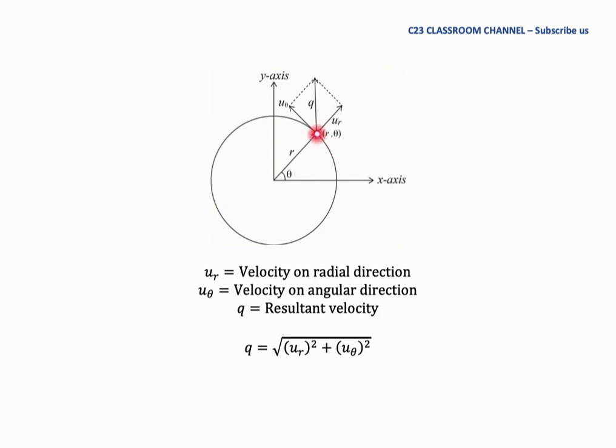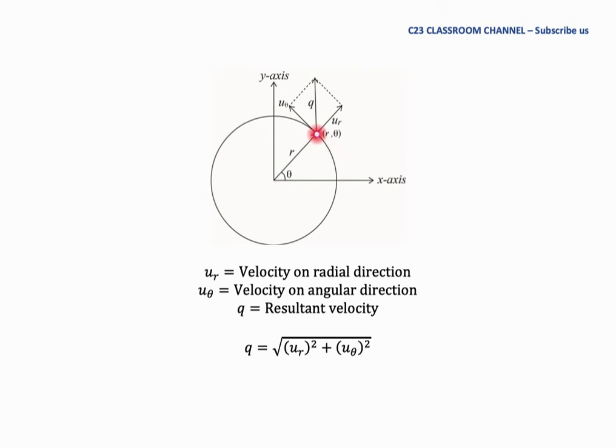And then this molecule also has component velocities. We write ur here as the component velocity in the radial direction, the axis that is parallel to the radius here.